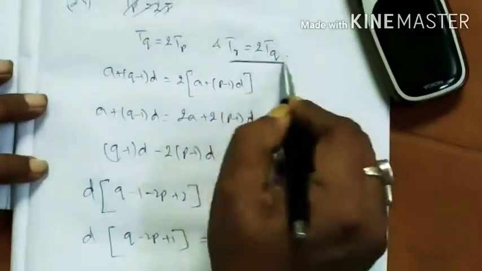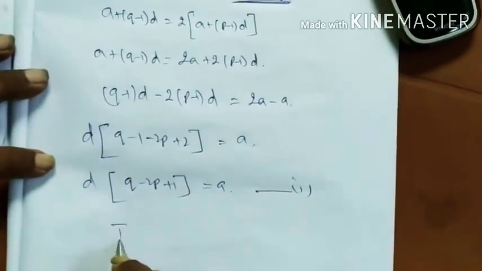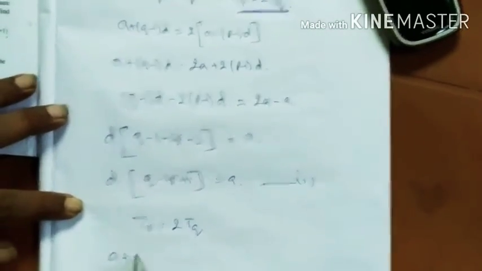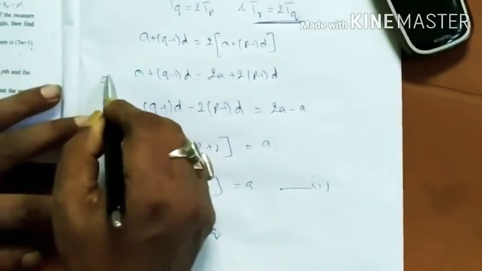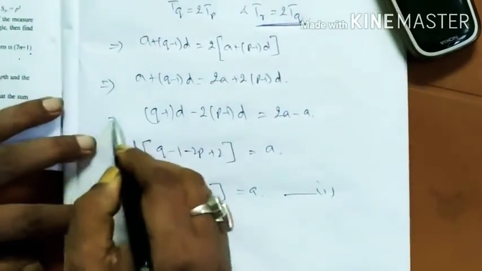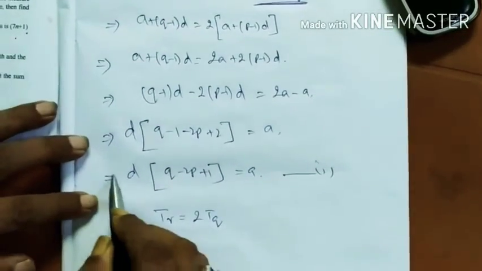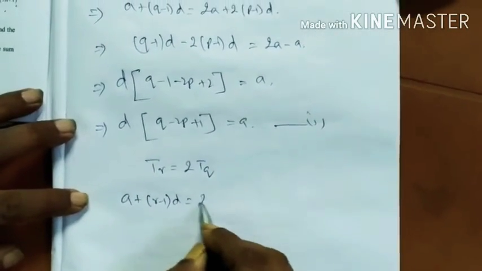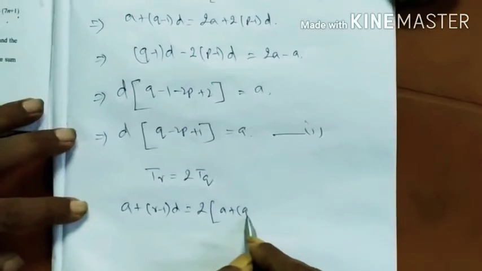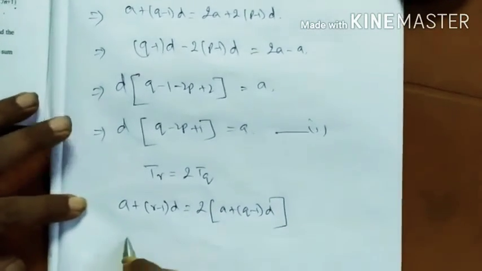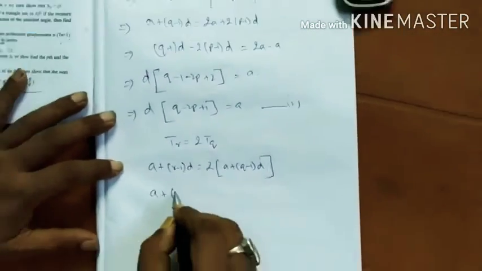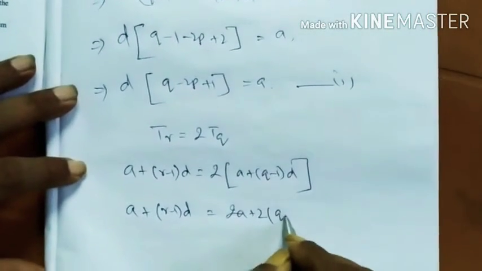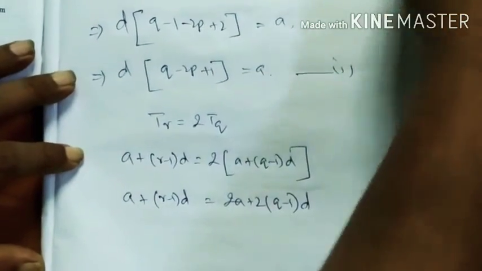From the next relation, TR is equal to 2TQ: a plus r minus 1 d is equal to 2 times a plus q minus 1 d, so a plus r minus 1 d is equal to 2a plus 2 q minus 1 d.